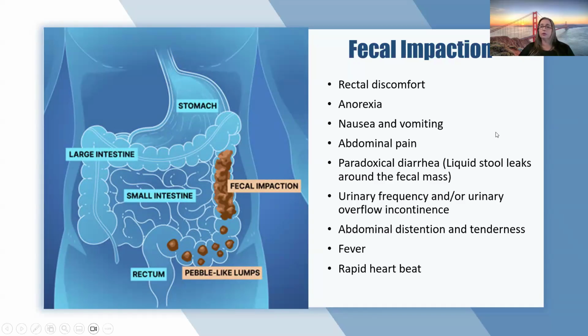They can also, though, and this is how people get tricked, have paradoxical diarrhea. So what happens is, because the stool doesn't seal off the colon, right? There's still little spaces where liquid stool can get around. And so they may be having liquid stools frequently.